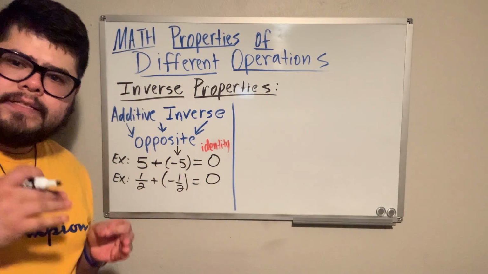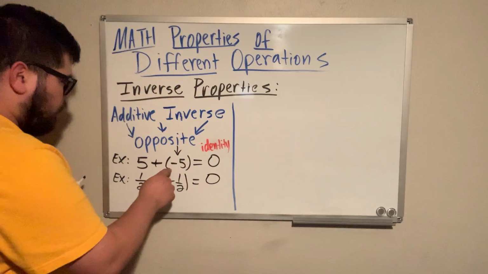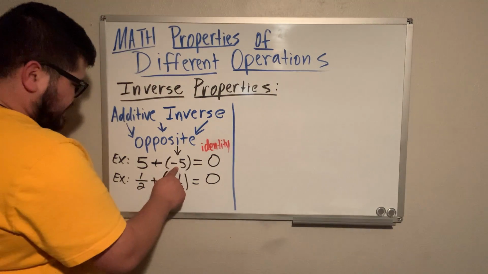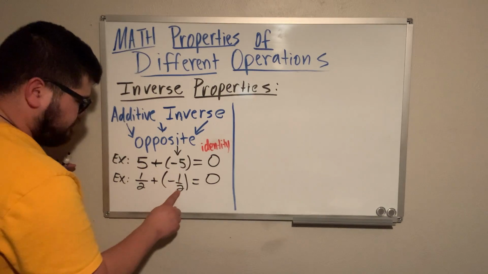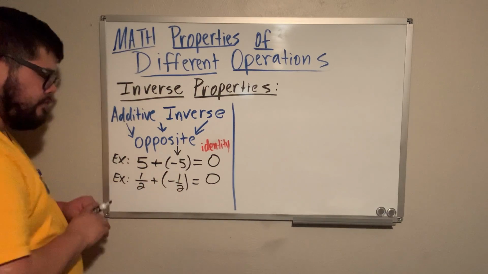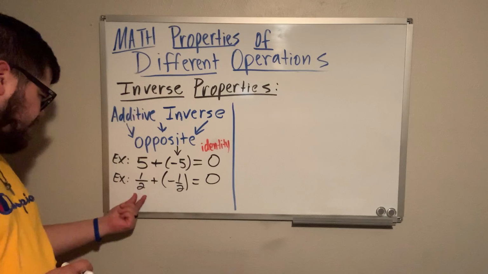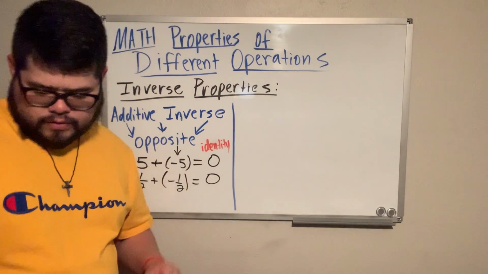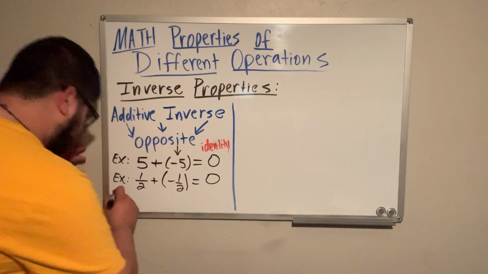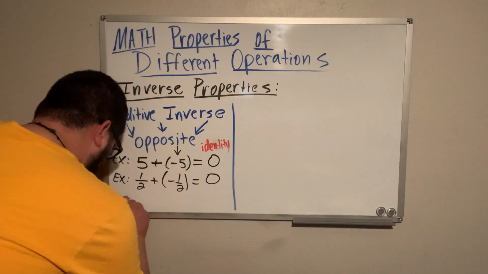We should get 0. So far we've gotten negative 5 as the additive inverse of 5, and negative 1/2 as the additive inverse of 1/2. And every time we've added that additive inverse to the original number, we got the identity.